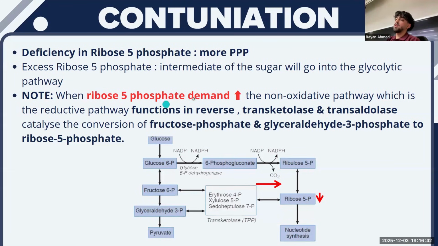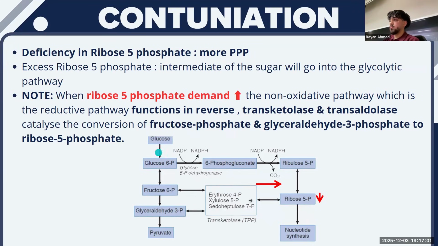When ribose 5-phosphate demand increases, the non-oxidative pathway, which is the reductive pathway, functions in reverse. Transketolase, remember, I need you guys to remember this enzyme, transketolase, and transaldolase catalyze the conversion of fructose phosphate and glyceraldehyde 3-phosphate into ribose 5-phosphate.